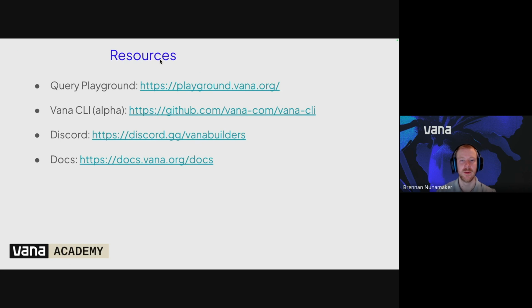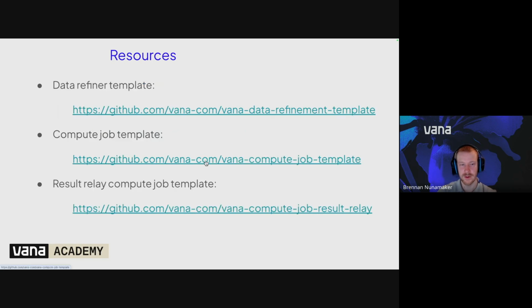There are additional resources. There is a Vana CLI that's currently in alpha. There is the Discord, which you guys are familiar with, the docs that you're also familiar with, and there are some code templates to look around and play around with all of these things.